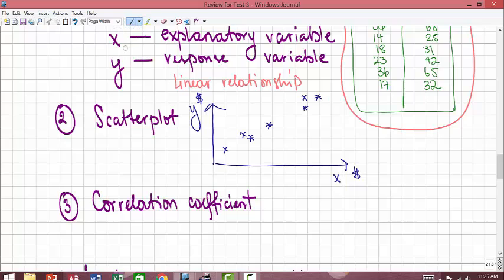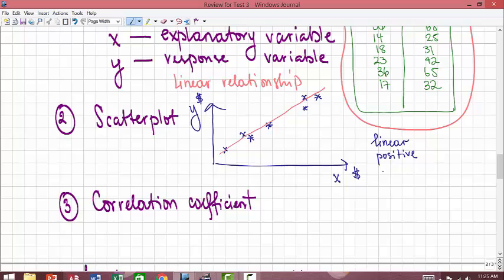Okay, then we'll look at this, and what can we conclude? Well, it looks like this is a very strong positive linear relationship. Okay, so that's our conjecture. So what would I say? The form here is linear. The direction is positive, and the strength is pretty strong.